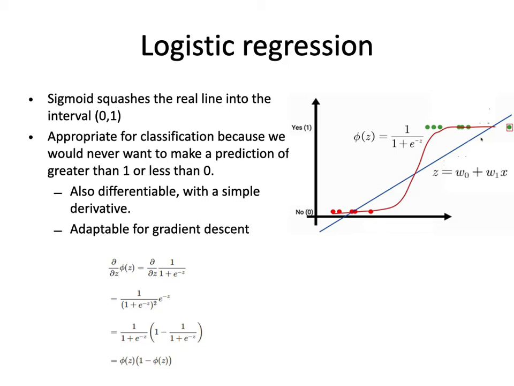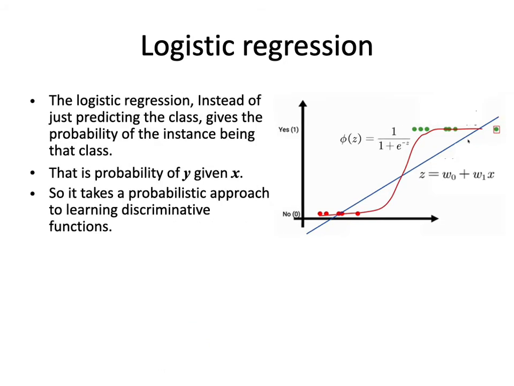So it's differentiable with a simple derivative, and it is adaptable for gradient descent. So basically the output of the logistic or sigmoid function is a value between 0 and 1. So logistic regression, instead of just predicting the class, also gives the probability of the instance being that class, that is, the probability of y given x. So it takes a probabilistic approach to learning discriminative functions.